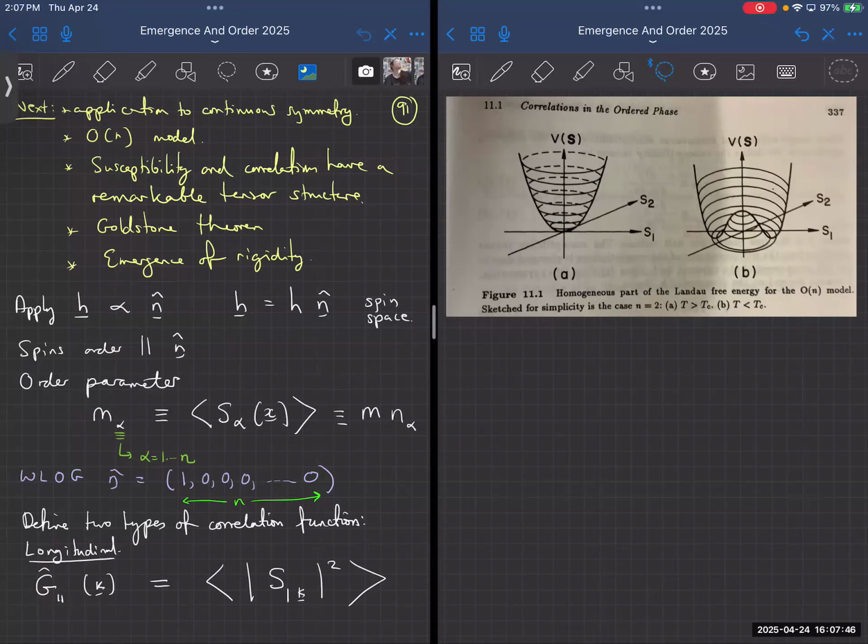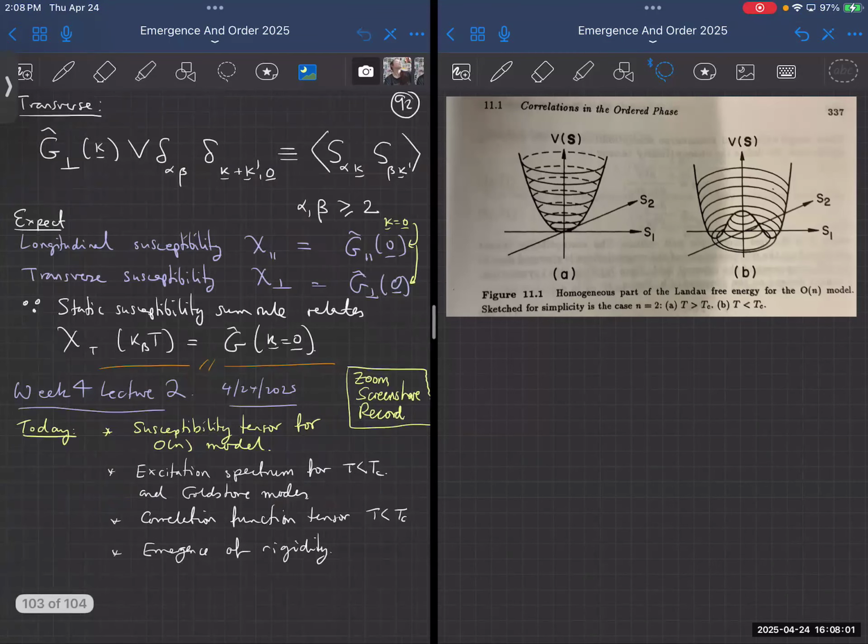We imagined that we were applying an external magnetic field in a particular direction in spin space, and then we started defining correlation functions, some parallel to the direction of ordering, and one transverse to it. Earlier, I'd shown you there's a connection between the integral over space of the correlation function and the susceptibility that you measure in thermodynamics.